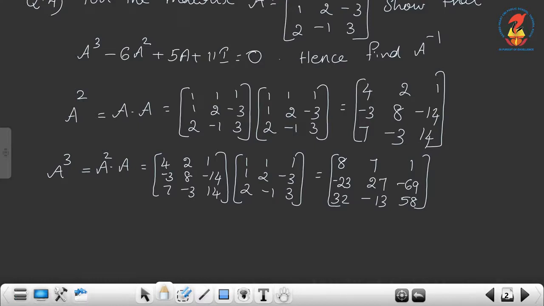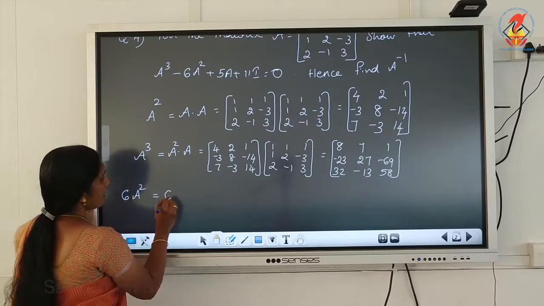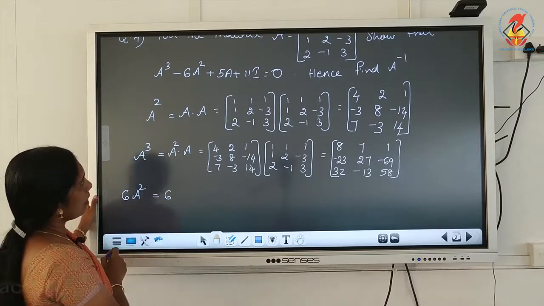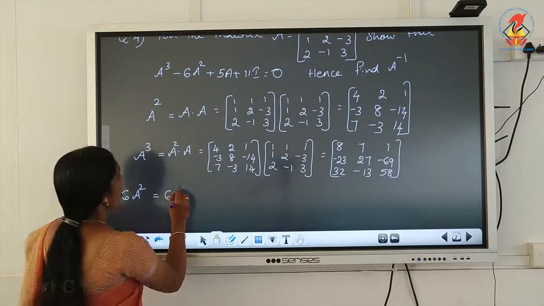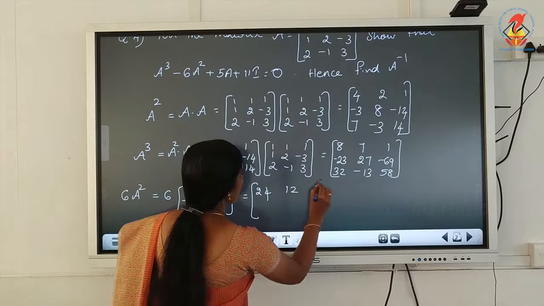Now, the next term is 6A square. So, multiply A square by the scalar 6. A square is [4, 2, 1; -3, 8, -14; 7, -3, 14]. Scalar multiplication is multiply each element by the number 6. 4 into 6, then 2 into 6, 1 into 6.